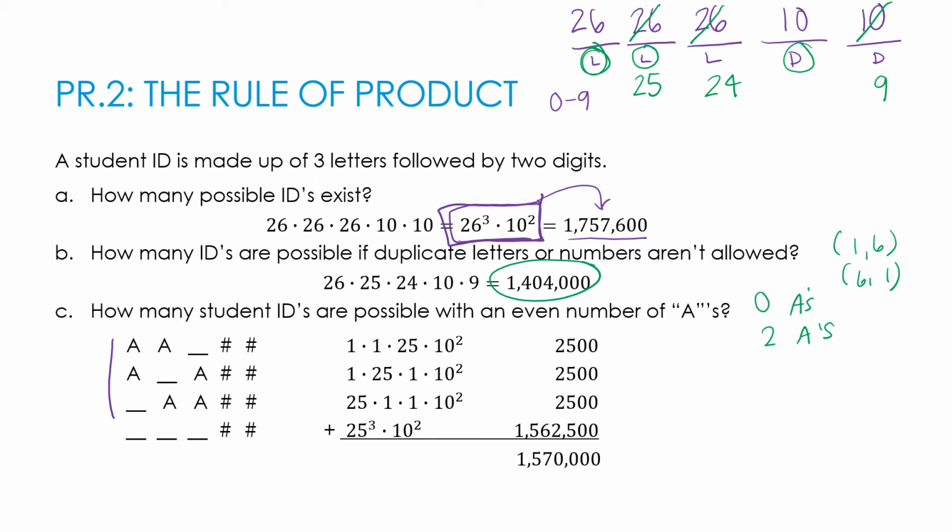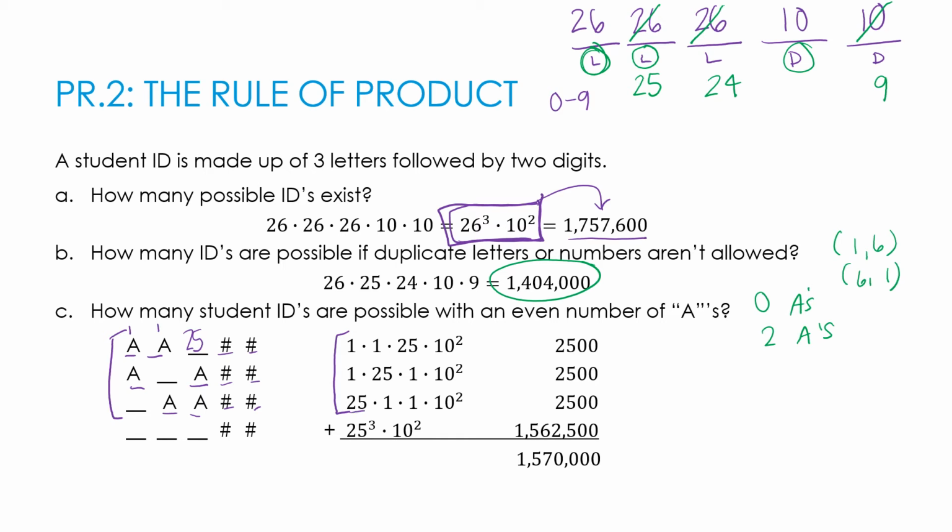Here are my 3 different ways that I could have 2 A's. So I could have AA and then some other letter, A, some other letter, A, or some other letter, AA. So those are all the different ways that those could happen. And then whatever number I have here and here. So what do those look like? Those are all one option for the A's and 25 options, which is every letter except for A, for the other space. So if you'll notice, the 3 of these are exactly the same.